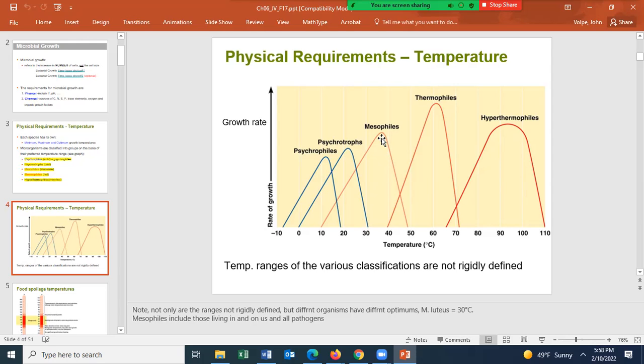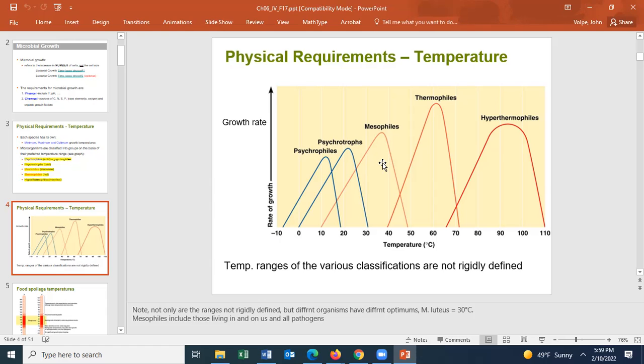For example, Micrococcus luteus has an optimum growth rate around 32 degrees Celsius. We still call it a mesophile. Micrococcus luteus grows on your human skin, and that temperature is a little cooler than the rest of your body. That's why Micrococcus luteus grows best around 32 to 35 degrees Celsius. Any question about any of that?